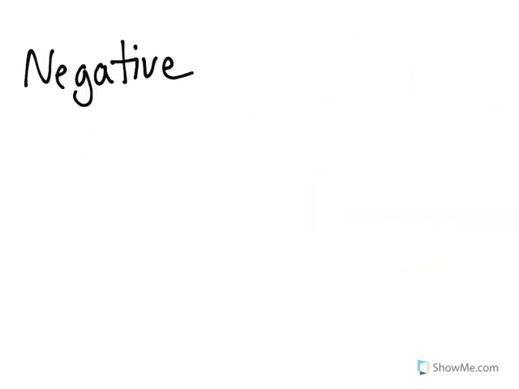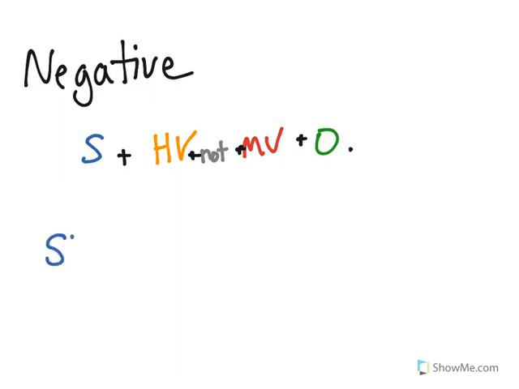Okay, let's look at negative. So negative, again, our formula is pretty much the same. Subject, helping verb, main verb. Don't forget not in there. And then our object. So subject plus helping verb plus not, main verb, and then object. And let's take a look at an example here.